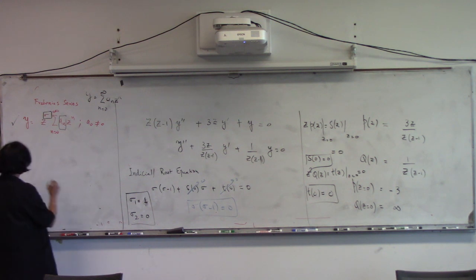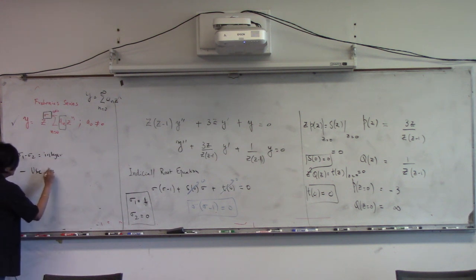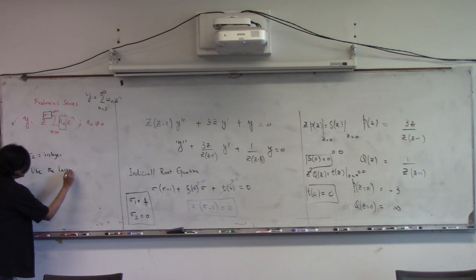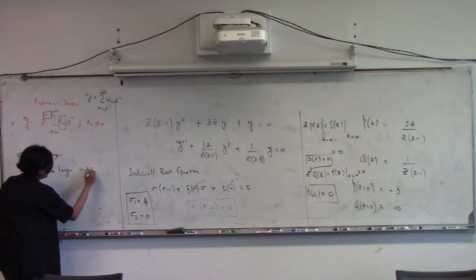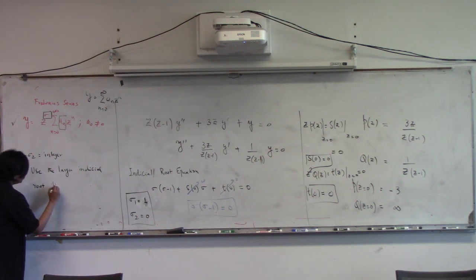If sigma 1 minus sigma 2 is an integer, use the larger initial root in the Frobenius series.